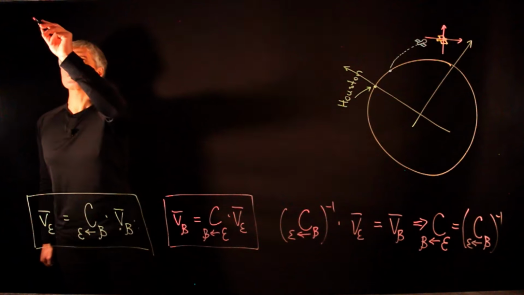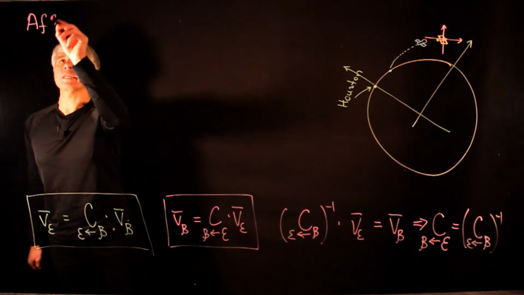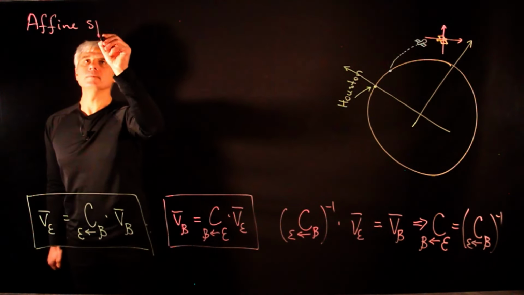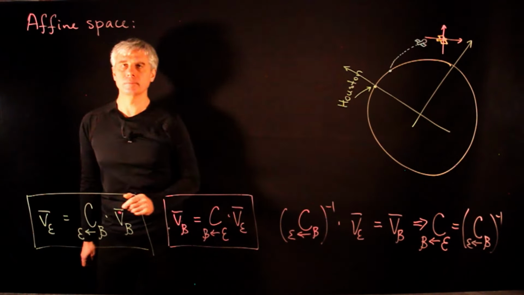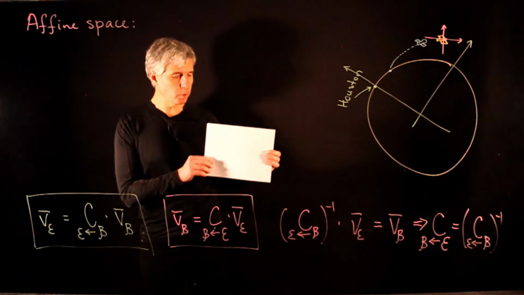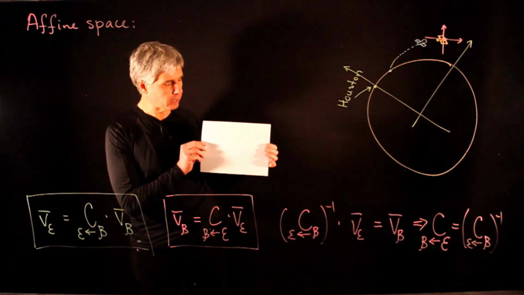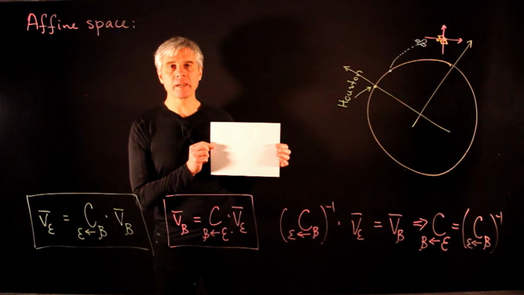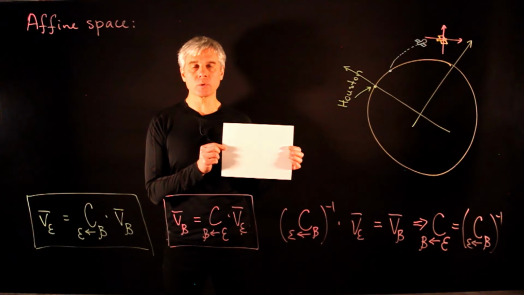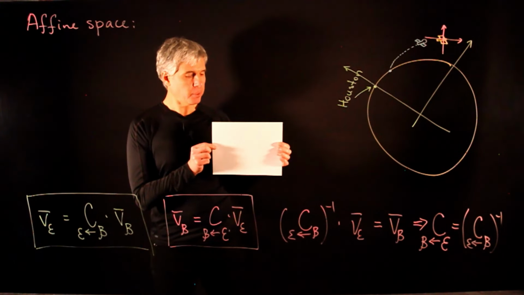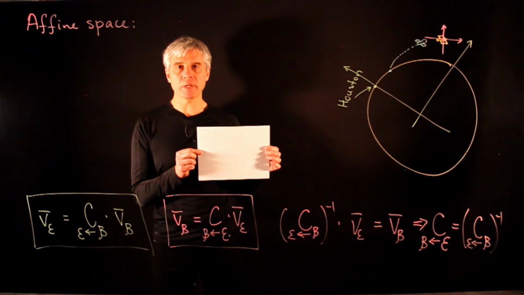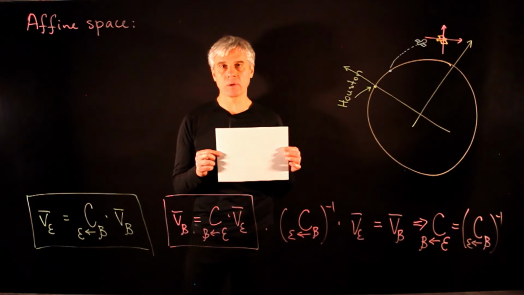This brings us to the notion of affine space. So let us consider the following example. If we need to construct a mathematical model for a flat sheet of paper, then we can use R^2 to do this. But for this, we need to take this sheet of paper and create a coordinate system on it.